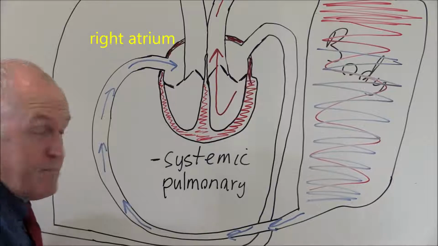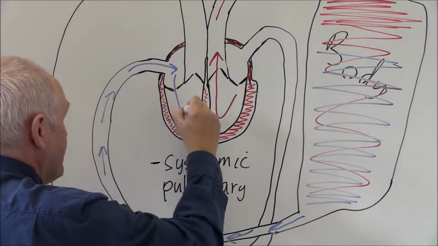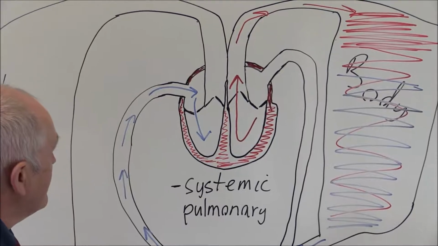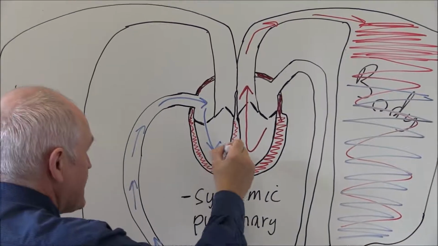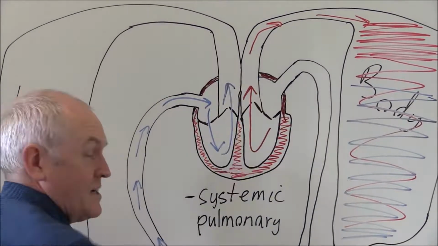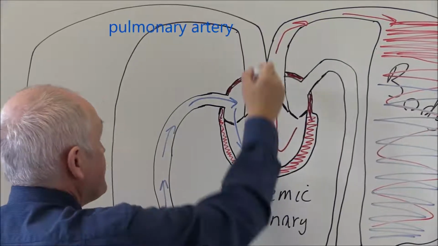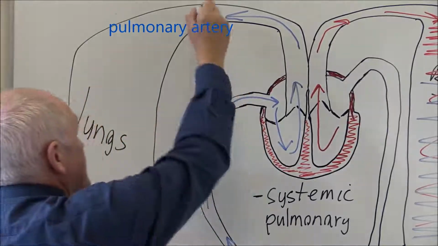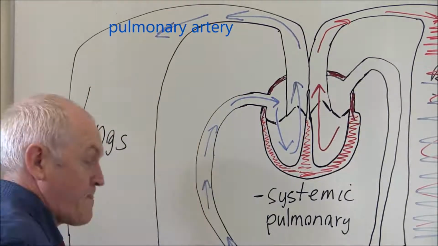This deoxygenated blood will then go through the tricuspid valve into the right ventricle. When the right ventricle contracts, that blood will be ejected out into the pulmonary artery, and it is the pulmonary arterial system taking blood to the lungs.